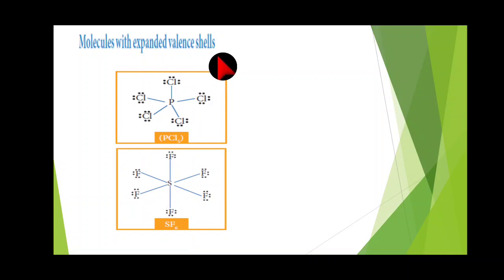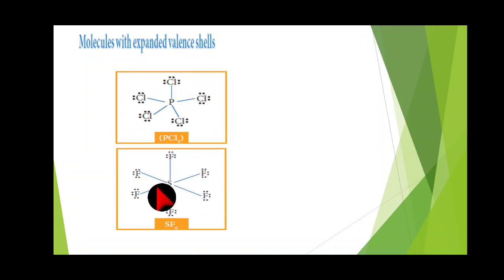The last point, molecules with expanded valence shell. For example, in molecules such as phosphorus pentachloride and sulfur hexafluoride, the central atom has more than 8 valence electrons around it, right? For example, phosphorus, how many bonds are around the phosphorus? 1, 2, 3, 4, 5. 5 bonds, each bond 2 electrons, so 10 electrons, more than 8, right?